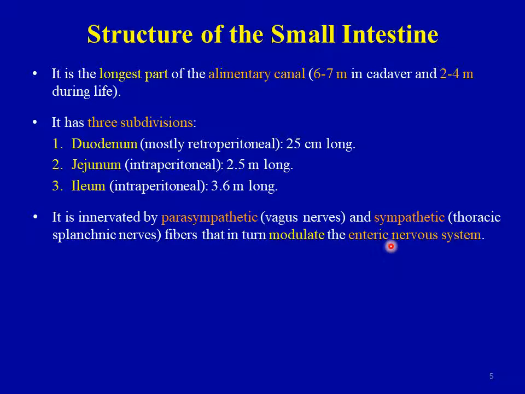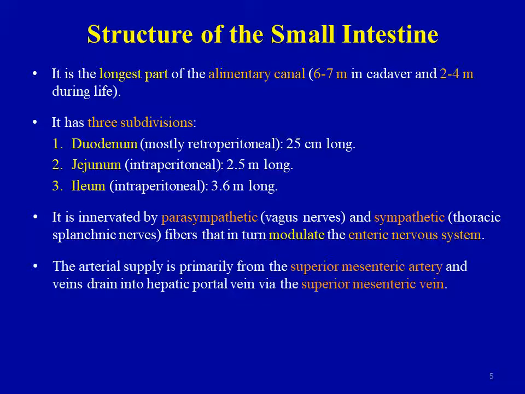So both divisions of the autonomic nervous system will modulate the enteric neurons that control secretion as well as motility. The arterial supply is primarily from the superior mesenteric artery, and the veins will drain into the hepatic portal vein via the superior mesenteric vein.